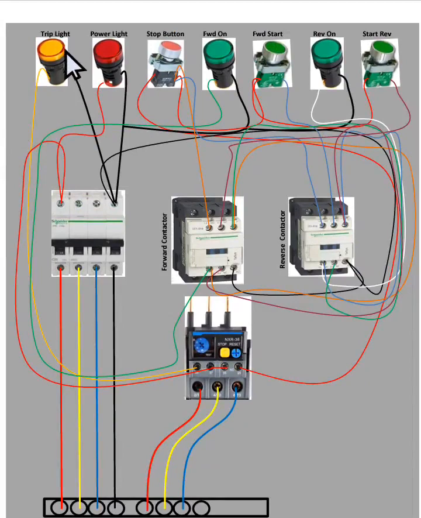So this light will come on, telling us that the circuit has tripped. There is a problem. It can be a result of the motor or the load the motor is driving. It could be a conveyor that is stuck, or the bearing of the motor is bad, or maybe a phase of the supply is not complete.